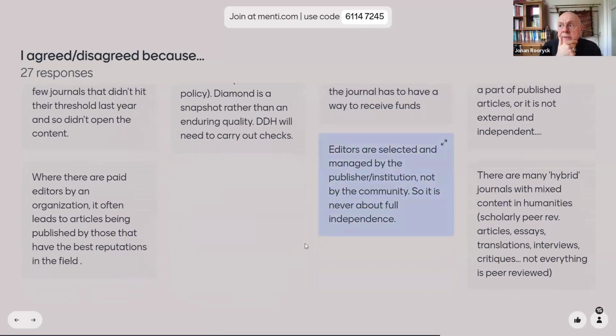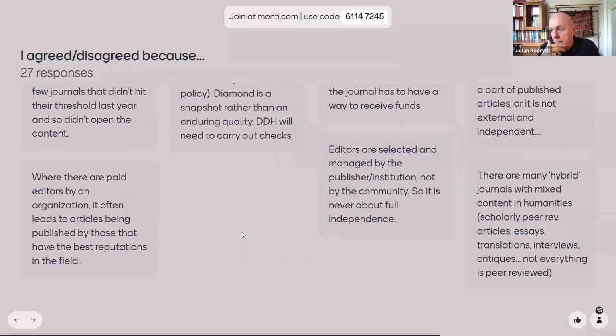Yes, exactly. I think who the editor is paid by or not paid by, I mean, you can very easily imagine, for instance, the case of a scholarly society that pays an editor or editors to do the work on the journal. But that doesn't mean that they're not independent.